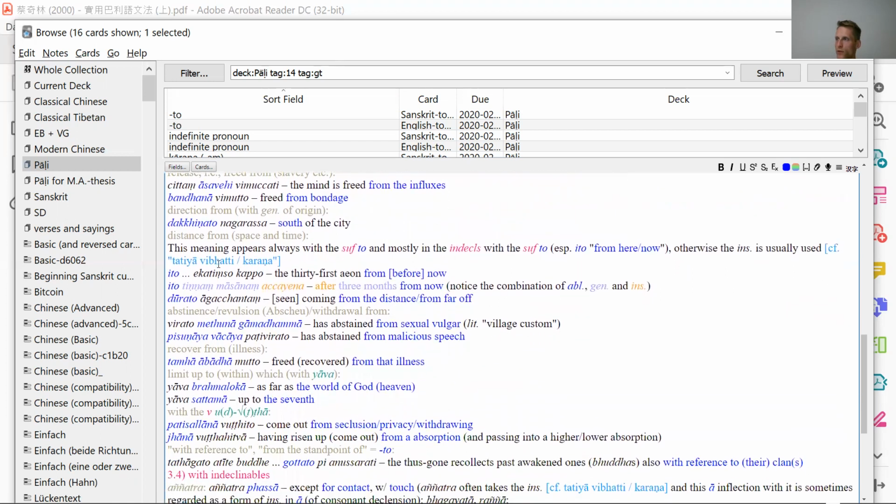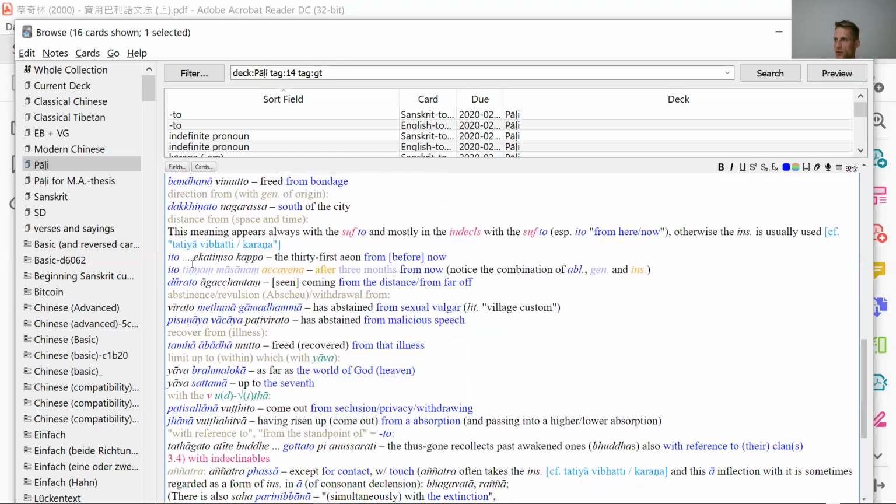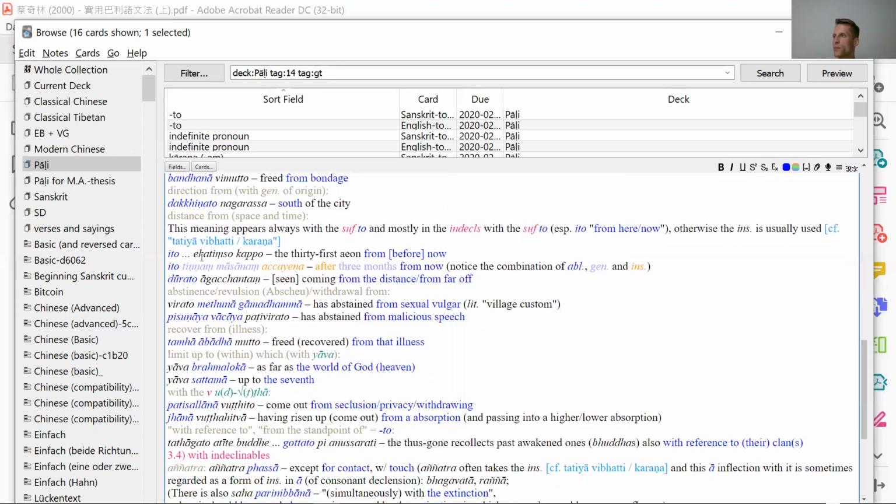Direction from, with the genitive of origin: dakkhiṇato nagarassa, south of the city. Distance from space or time. This meaning appears always with the suffix to, and mostly in the indeclinables with the suffix to, especially ito, from here or now.